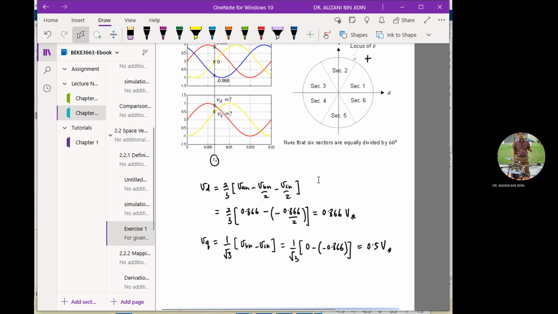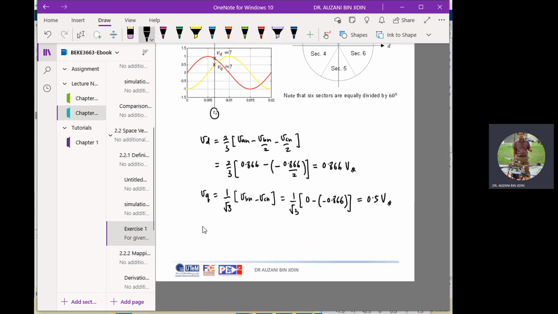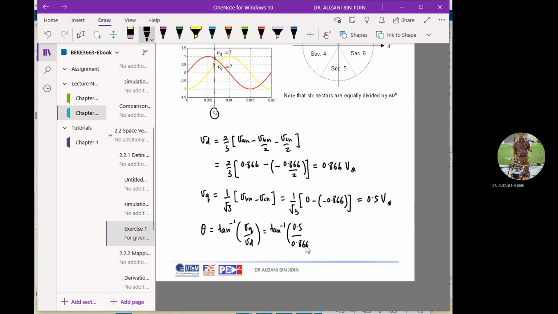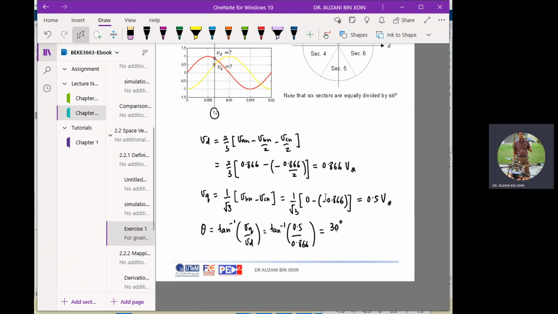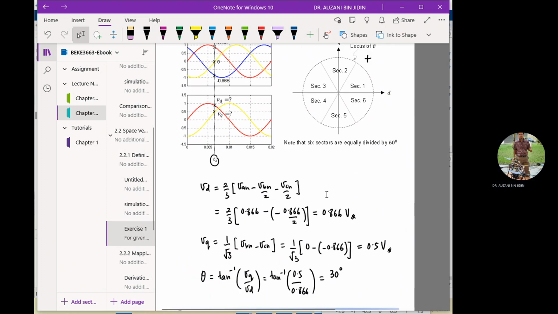The angle you can calculate as arctangent of VQ divided by VD. 0.5. So the angle is what? 30 degrees. So from here, we can say that the space vector is located in sector 1.